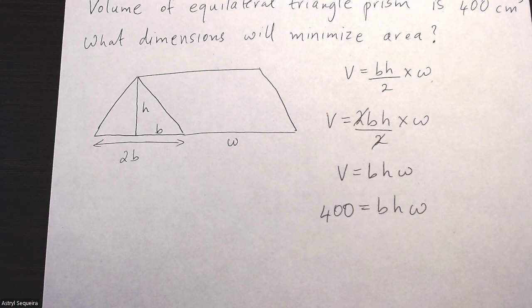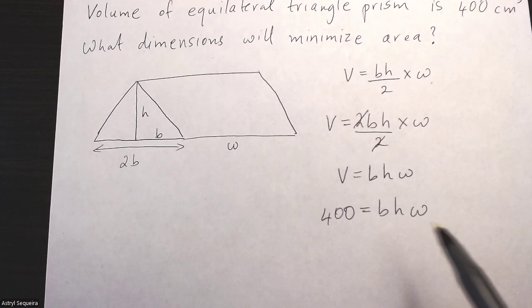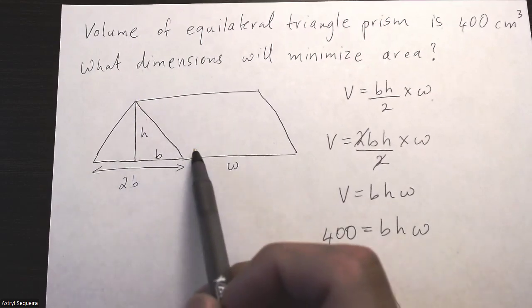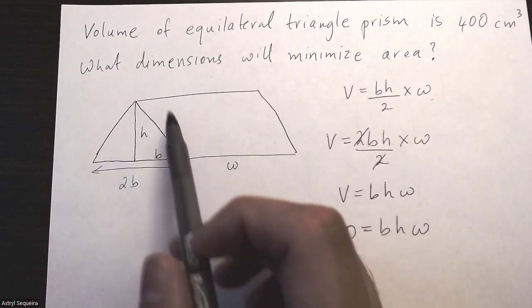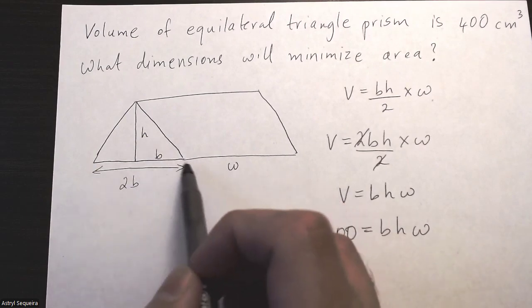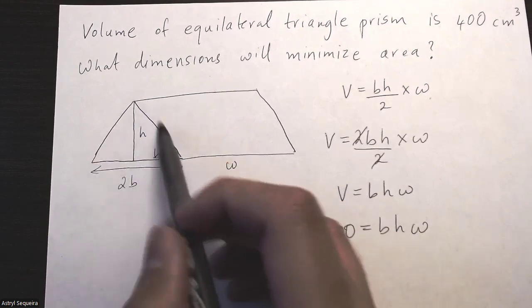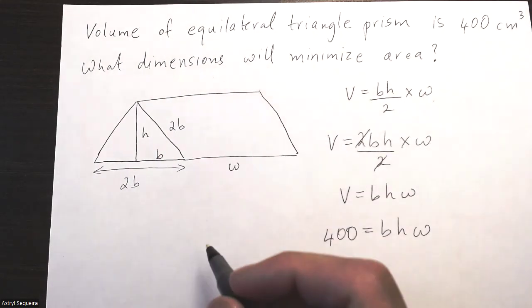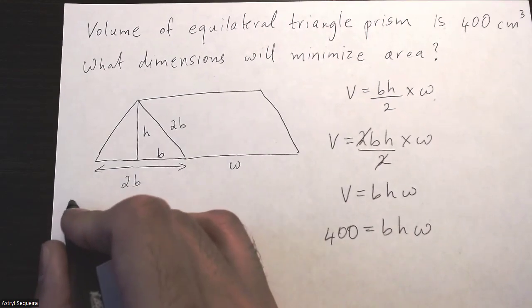And now what I want to do is come up with a second equation for this question. Now I know there's three variables over here, so I have to come up with three equations in total. So for the second equation, I'm going to do the Pythagorean theorem on that right triangle over there. Since this over here is 2b and this is an equilateral triangle, this hypotenuse here also has to be 2b.